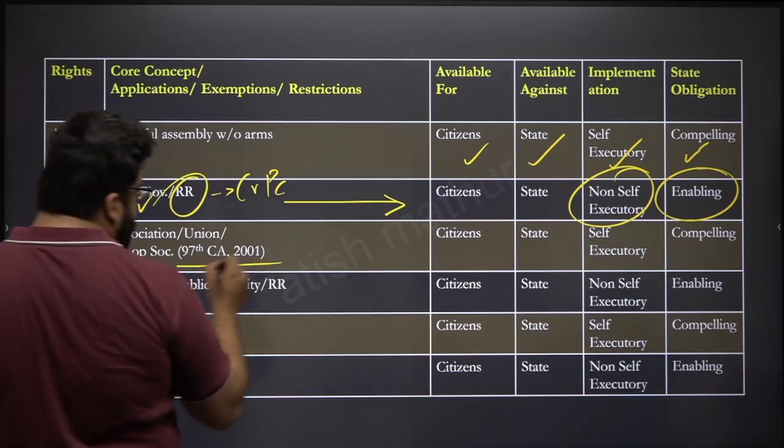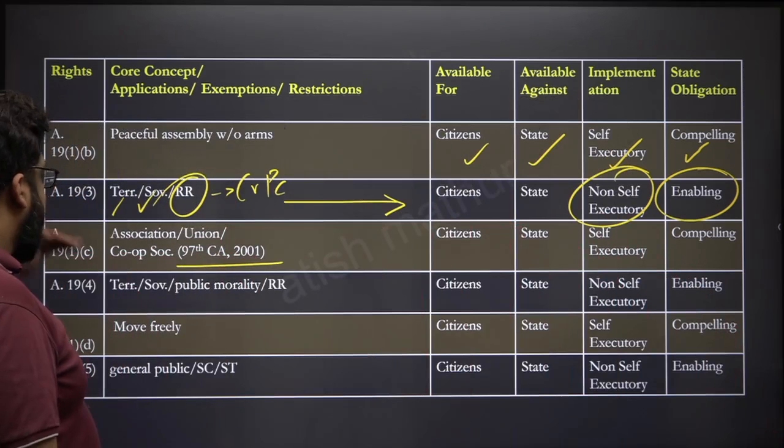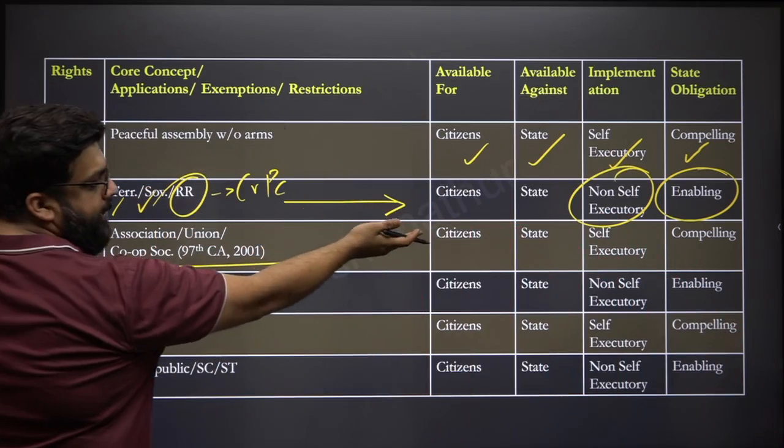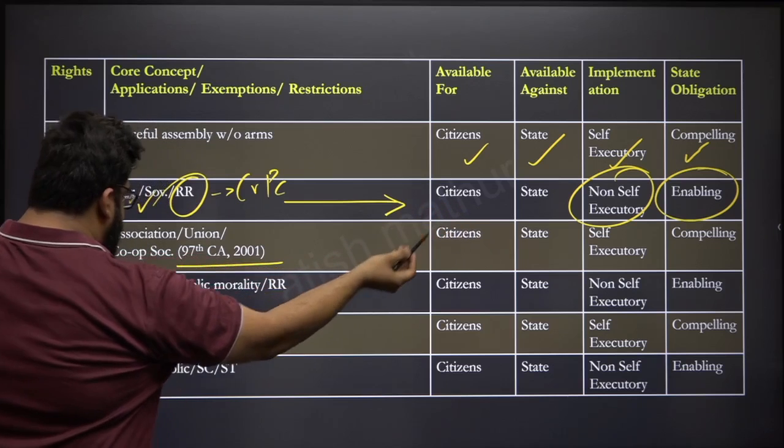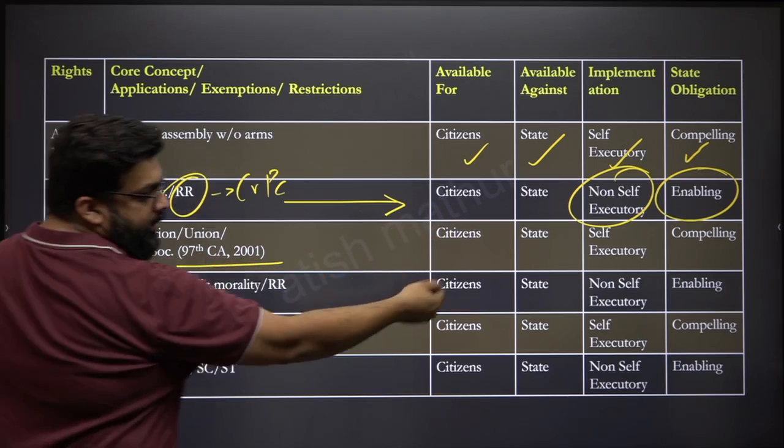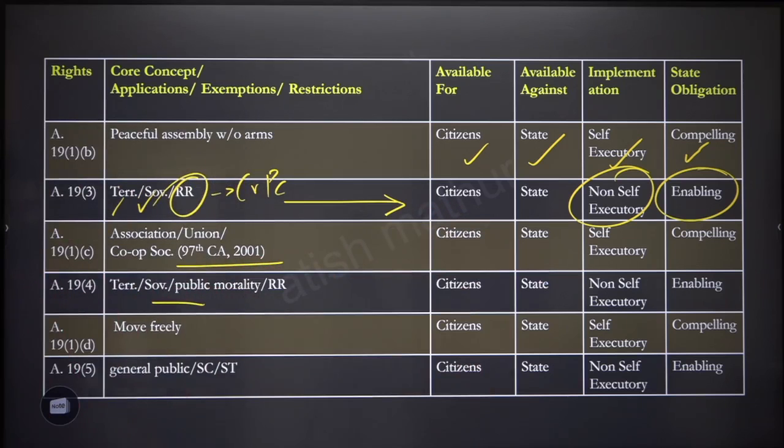This was added by the 97th Amendment of 2001. Again, the freedom will always be self-executory and compelling, whereas the restriction would be non-self-executory and enabling, right?